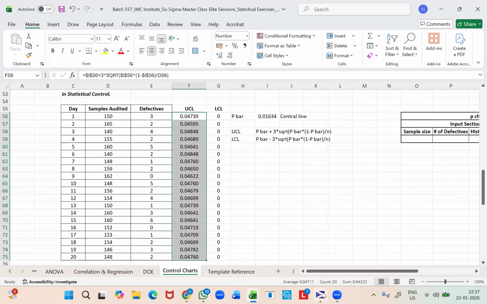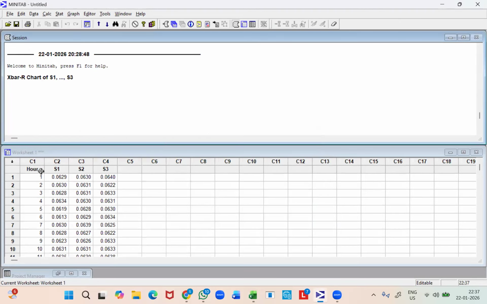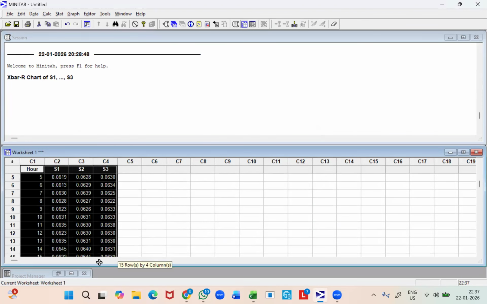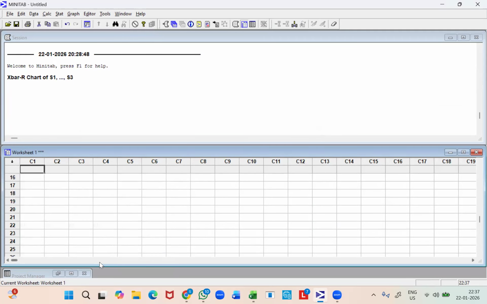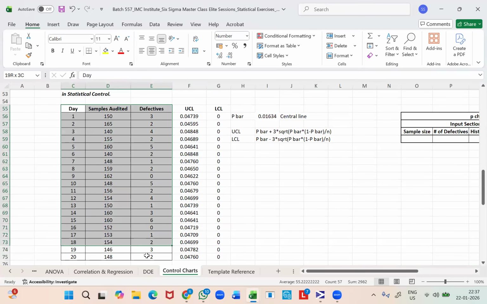Let me construct the control chart using Minitab for this binary discrete scenario. Let me copy paste the entire table without the calculation of UCL and LCL.